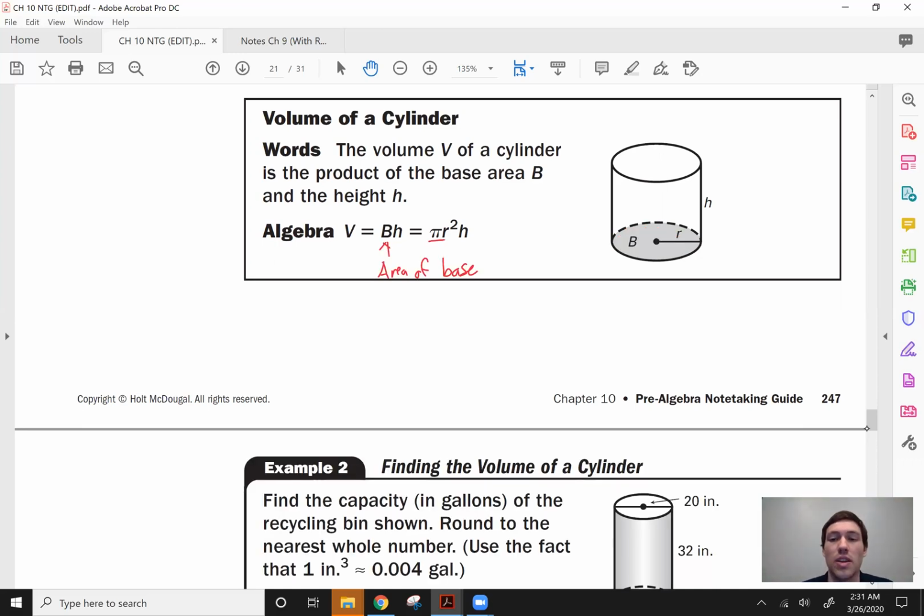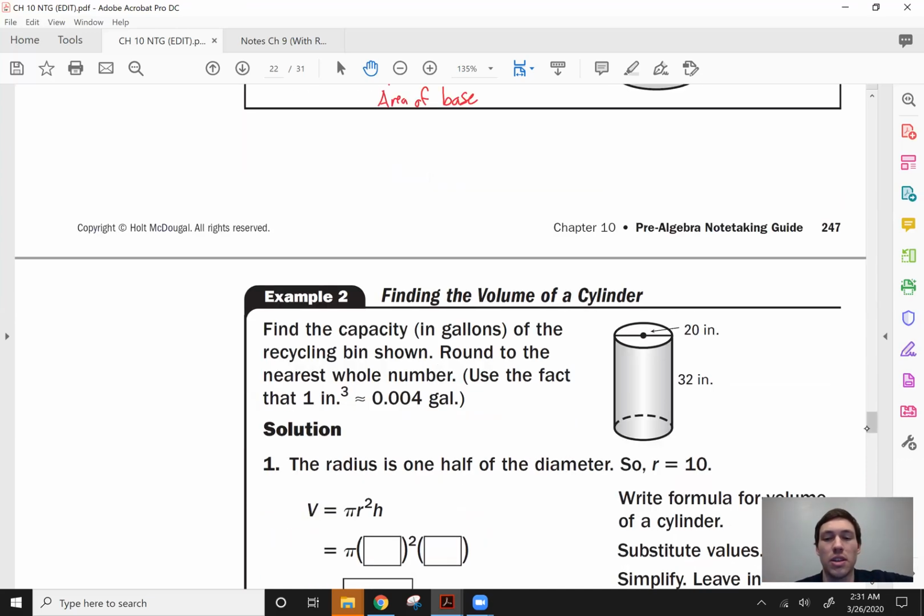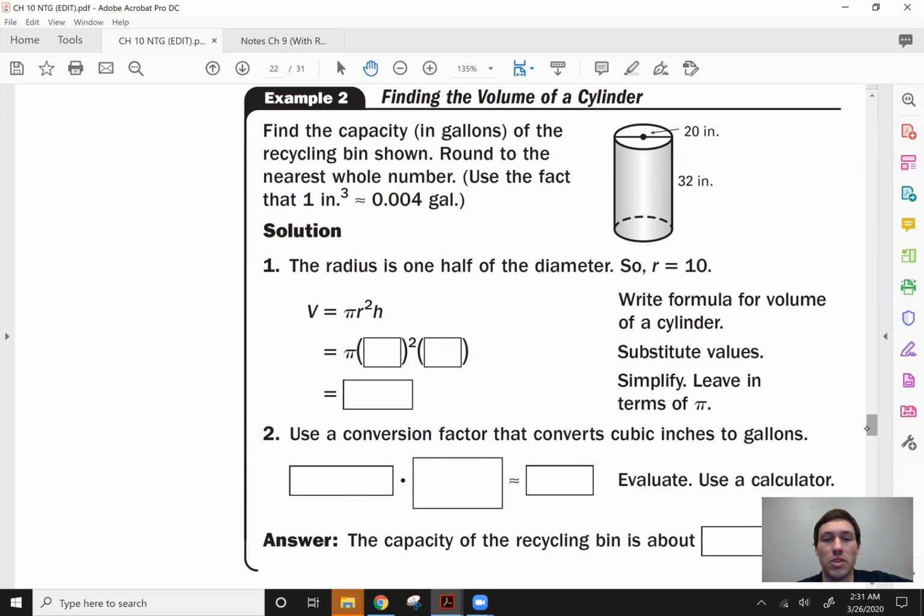So if I find the area of the circle, which is pi r squared, times the height, now I get the volume. So find the volume of the cylinder, pi times the radius. Well, if the diameter is 20, that means the radius is 10.